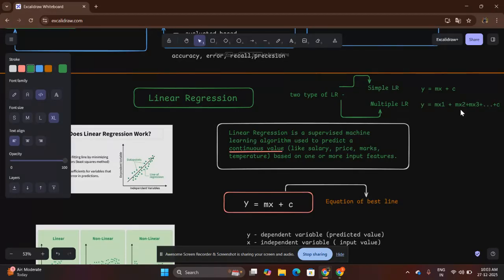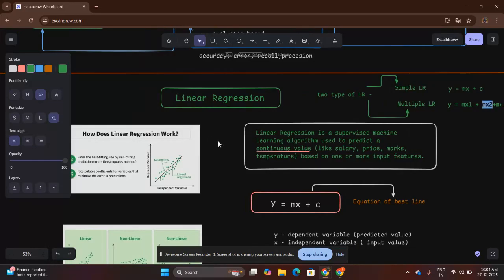Here there are multiple independent variables, that is x1, x2, x3, and only one dependent variable, that is y. y is totally dependent on x1, x2, x3, x4, up to whatever it may be. That is called multiple linear regression.